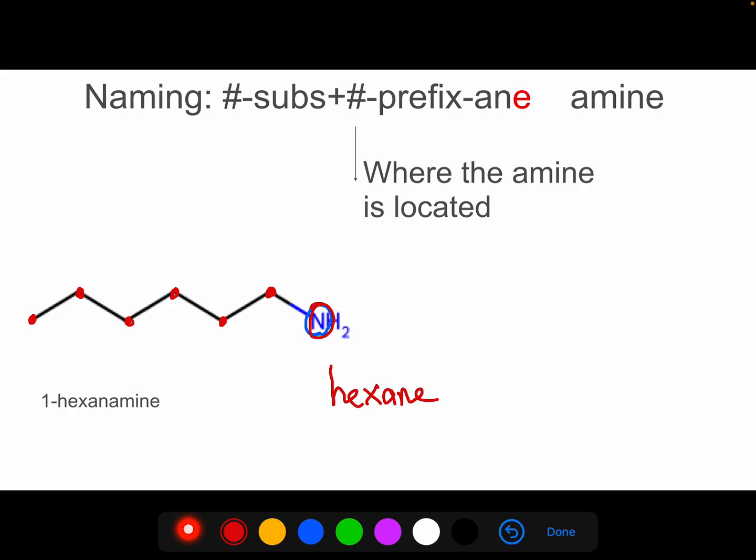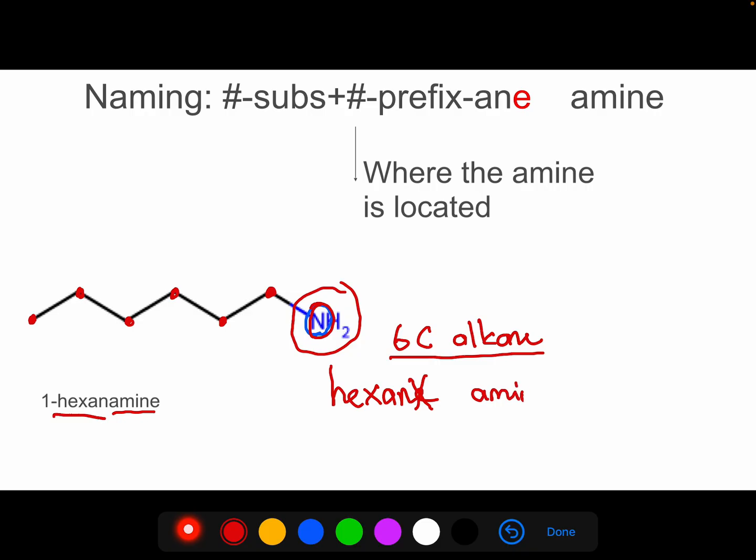If it is a 6 carbon alkane, the name is hexane. So to be able to make it an amine, because it's connected to nitrogen, we are going to drop this E and we are going to add amine. Okay, so it's a hexanamine.